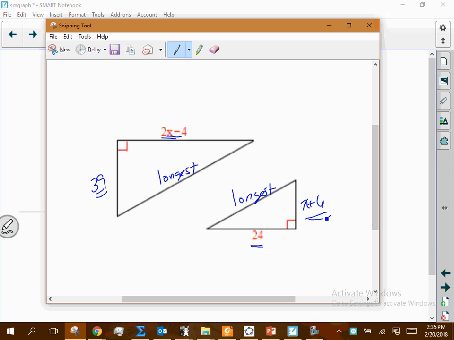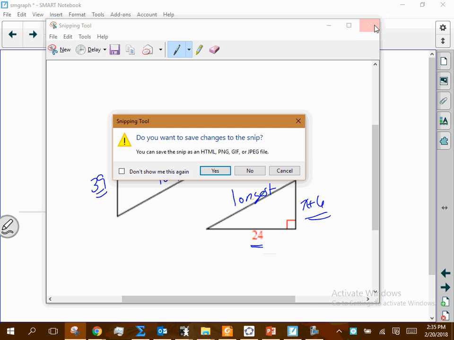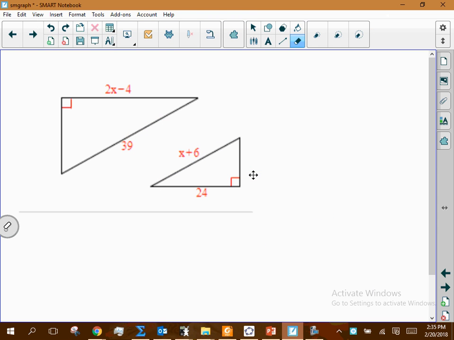So there's ambiguity in regards to what parts compare to what parts. But because they do provide it this way, they do provide that you have the hypotenuse of 39. We should know then that 39 should compare to what over here?